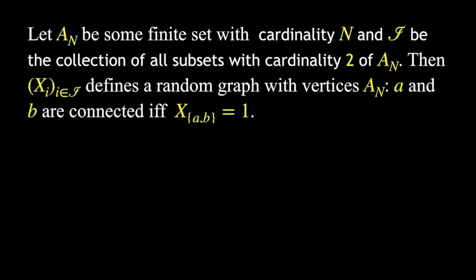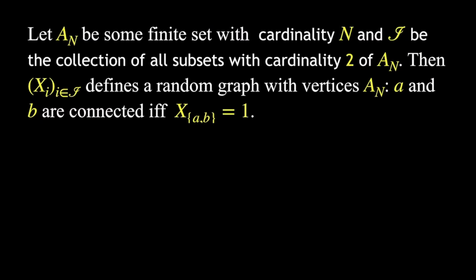So this has a random graph interpretation. So what is a random graph? This is the Erdős-Rényi model. You are simply connecting two vertices if you have a draw of a Bernoulli variable which leads to a success. Okay, so you connect A and B if the random variable that you have drawn, which is a Bernoulli, is equal to 1.